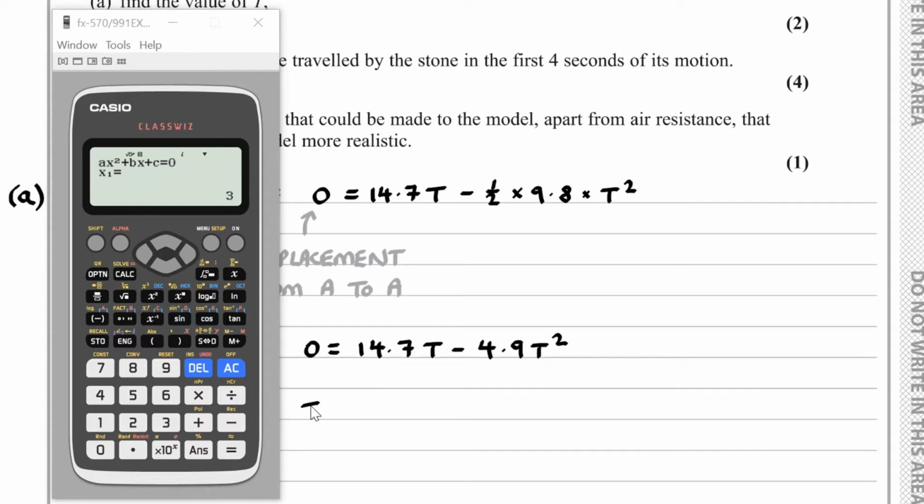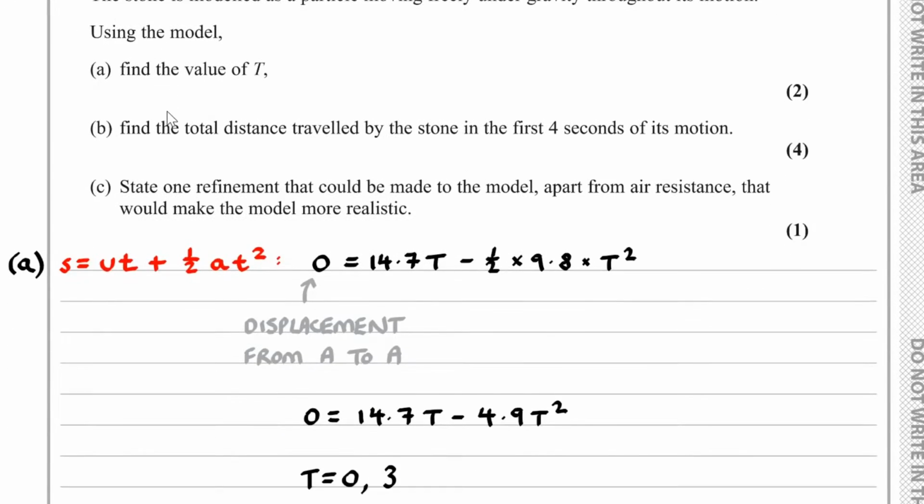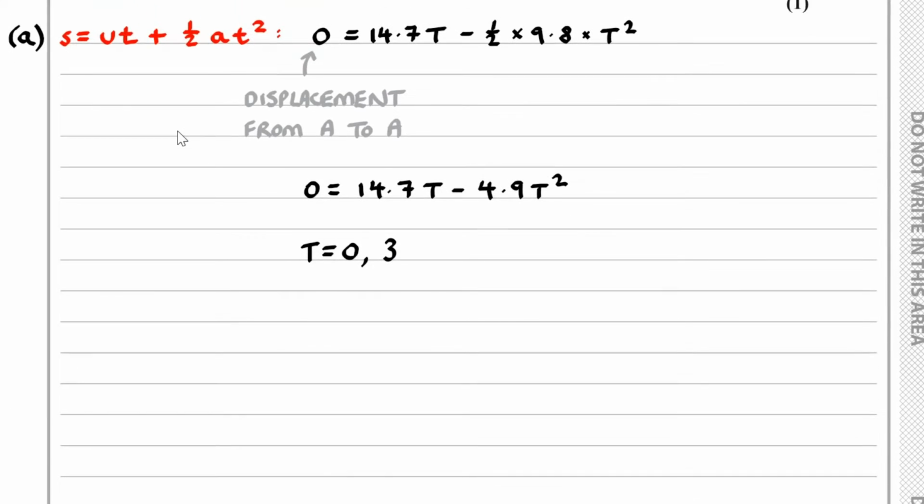So therefore, we can see t is equal to 0, or t is equal to 3. Now, we know t equals 0 is the initial time, and so therefore we can conclude t is equal to 3. This is of course our only solution.